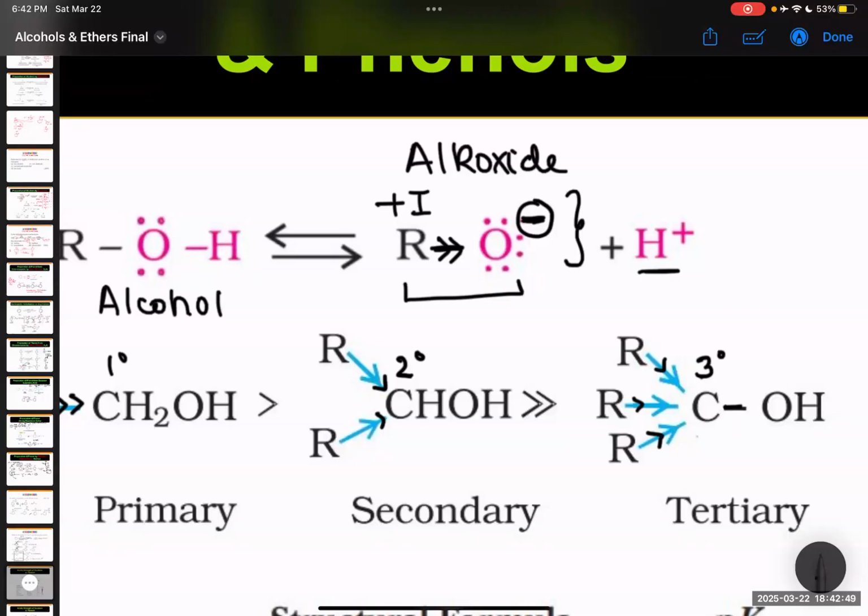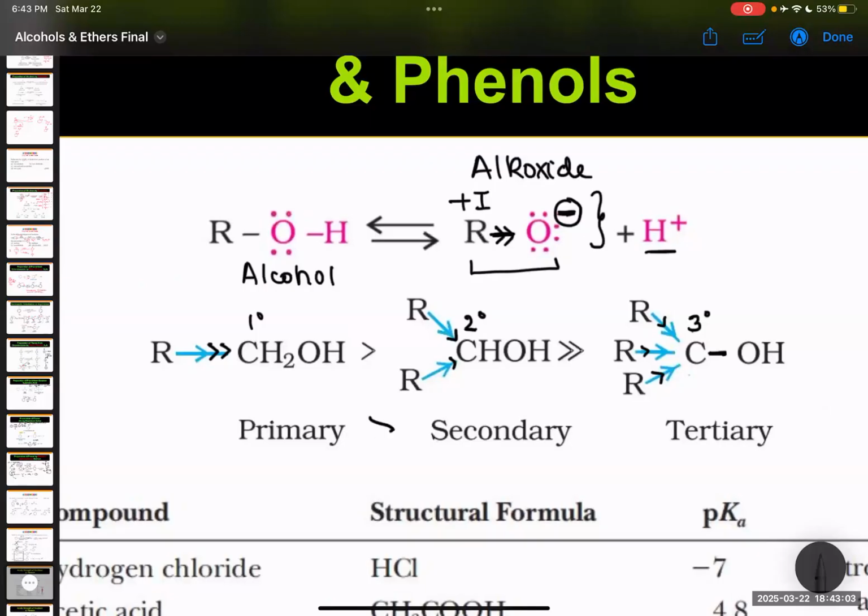It is going to make the O minus more rich in electrons. So if O minus is more negative, then H plus will not be ionized. It is less acidic. So the acidic strength of alcohol is like this. This is the acidic strength.